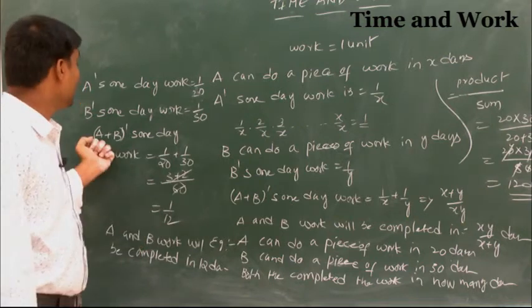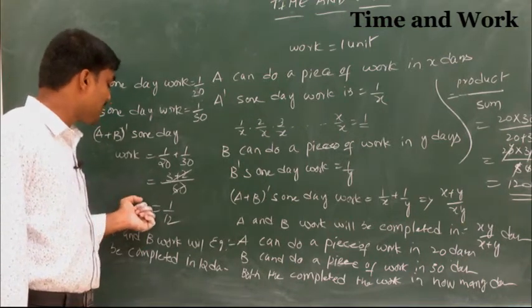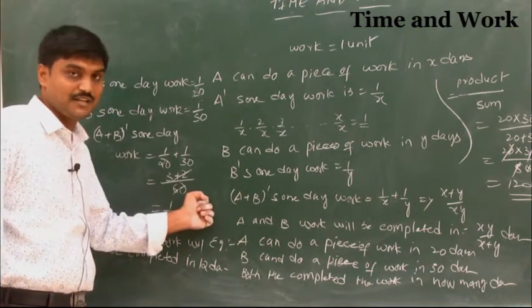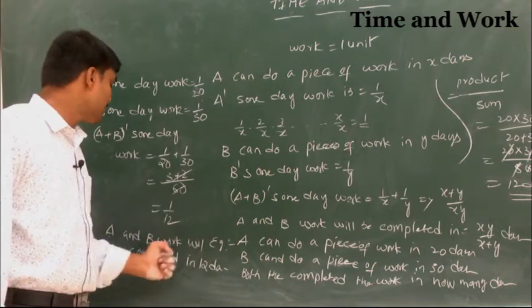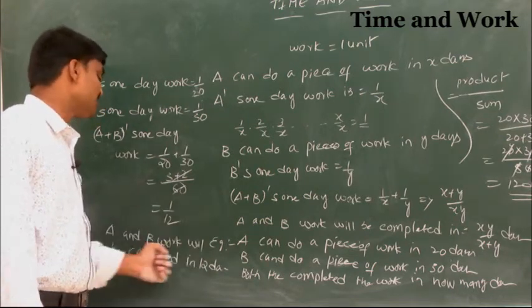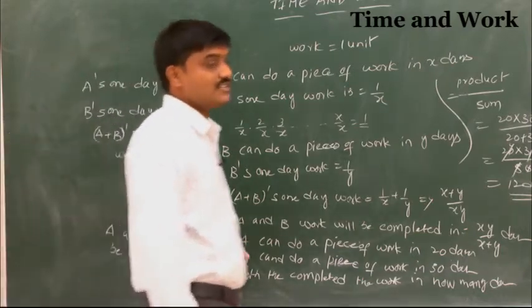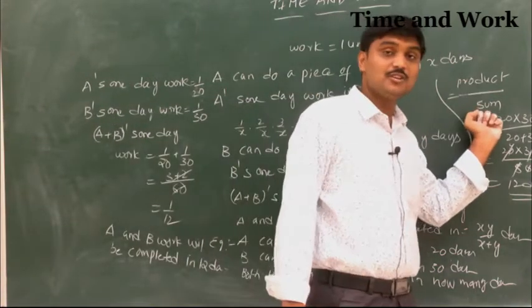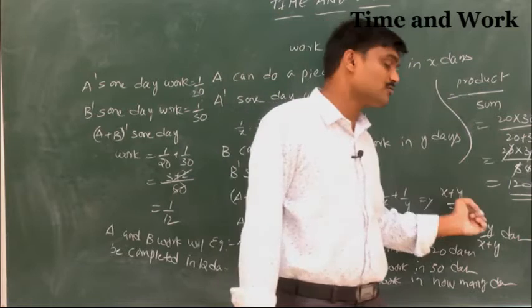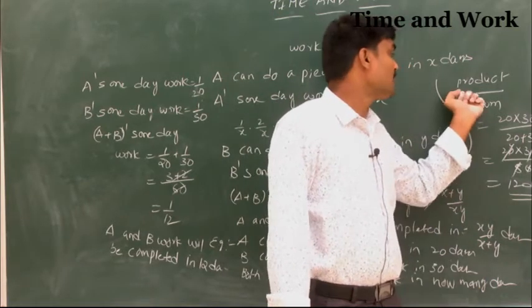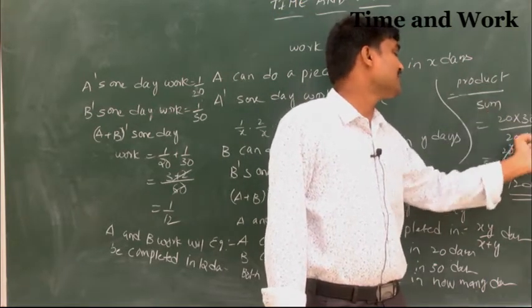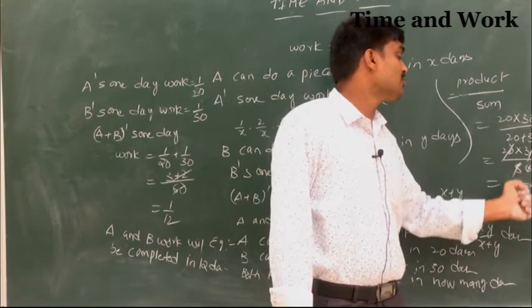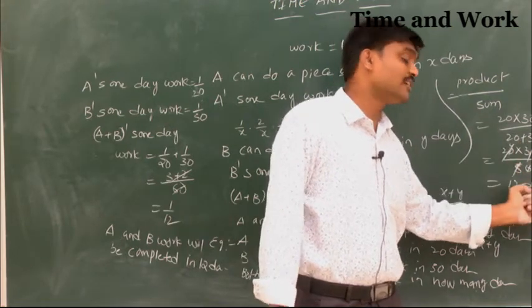That means A and B's 1 by 12 part of the work will be completed in one day. So A and B work will be complete in 12 days. Otherwise shortcut product by sum. This shortcut is only applicable when only 2 persons are given. So product by sum is 20 into 30 by 20 plus 30, that is 50. 0 and 0, 5 4s are 4 into 3, 12 days.